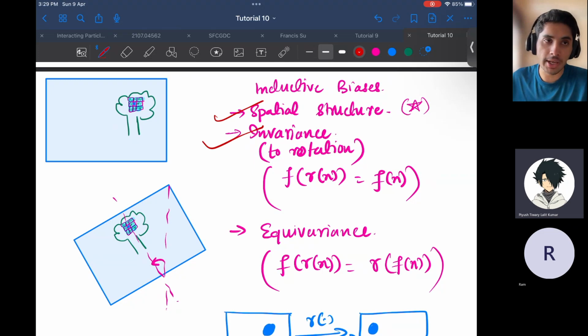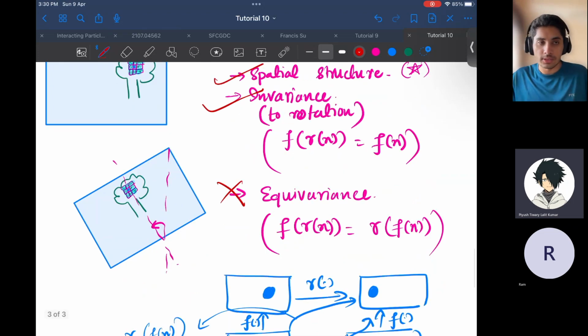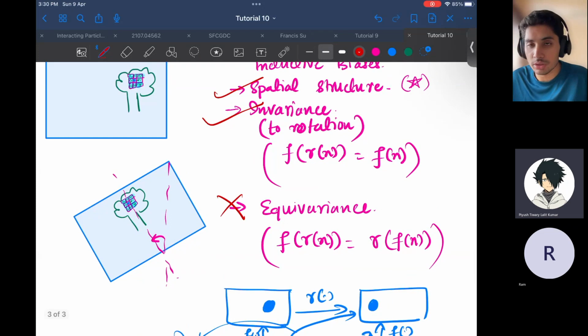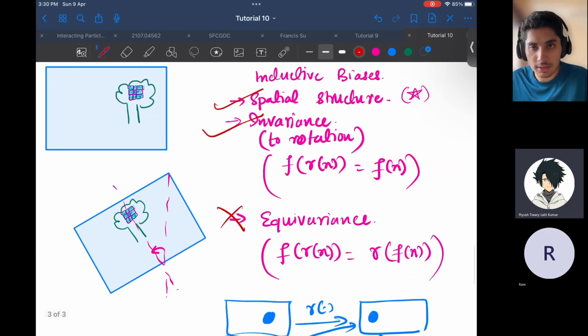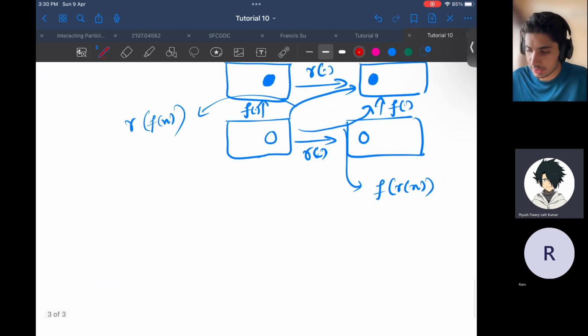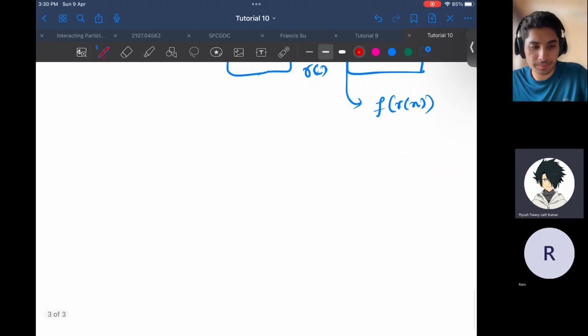However, I would like to note here that CNNs, convolutional neural networks, do not take into account equivariance. This is something that I will leave up to you to ponder upon, why convolutional neural networks are not good enough to capture equivariance. However, they can capture invariance and spatial structure, right?